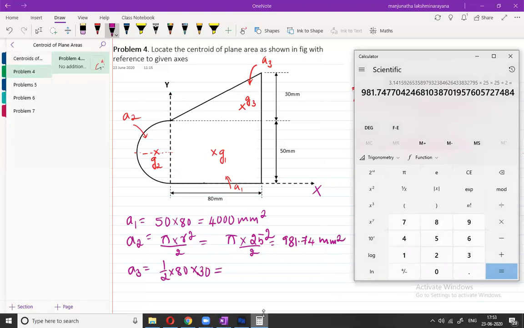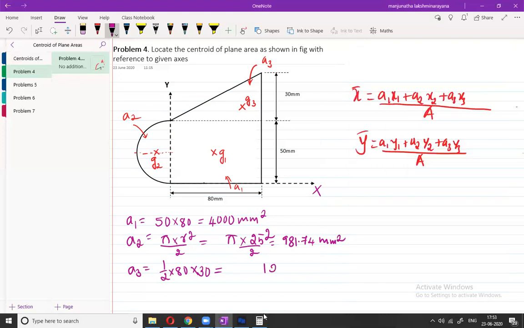Next, half into 80 is 40, 40 into 30 is 1200. So the area of that is equal to 1200 mm square, right?